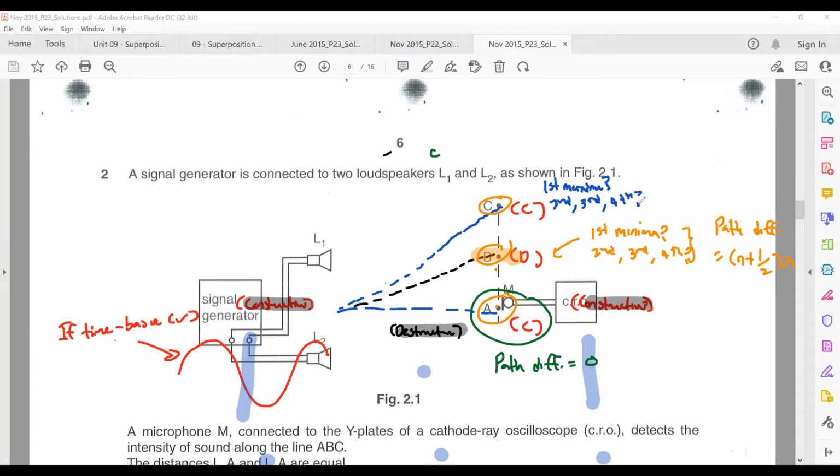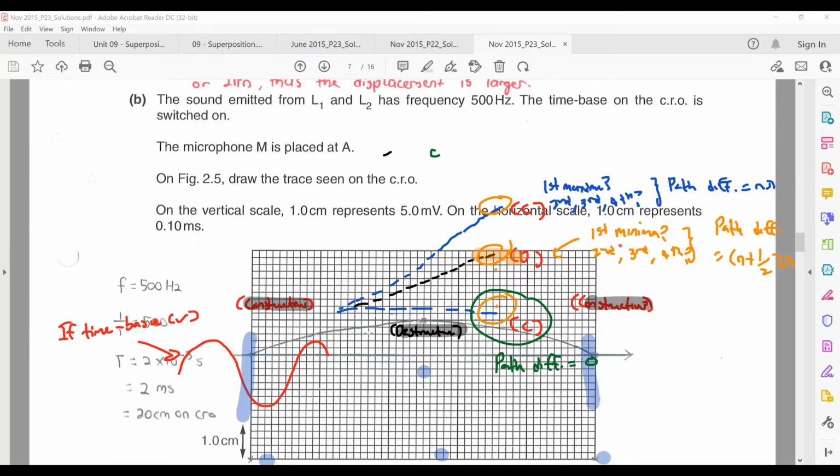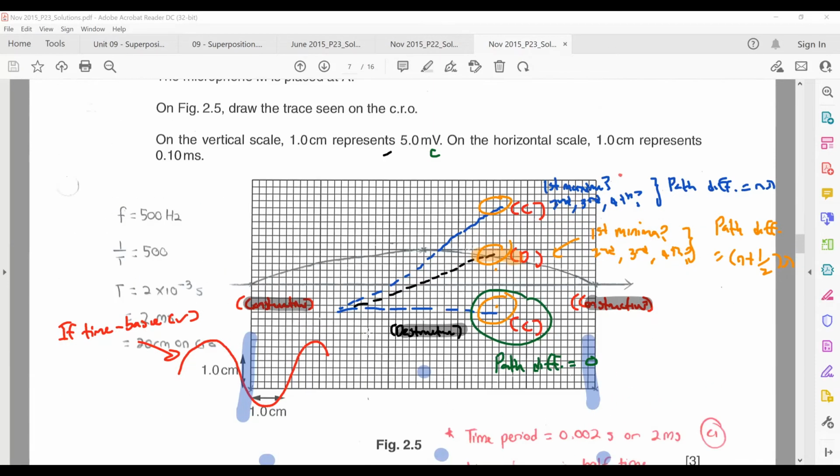You just don't know. So you again give it a general path difference, where you say that because it's constructive, the path difference definitely must be n lambda. So you will write something like what is written here.